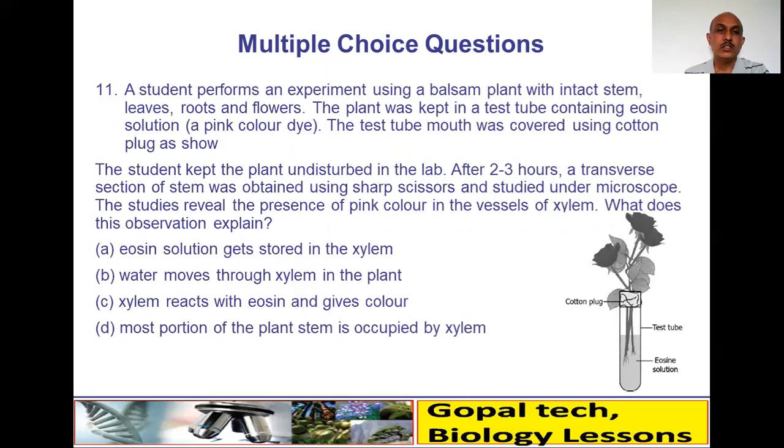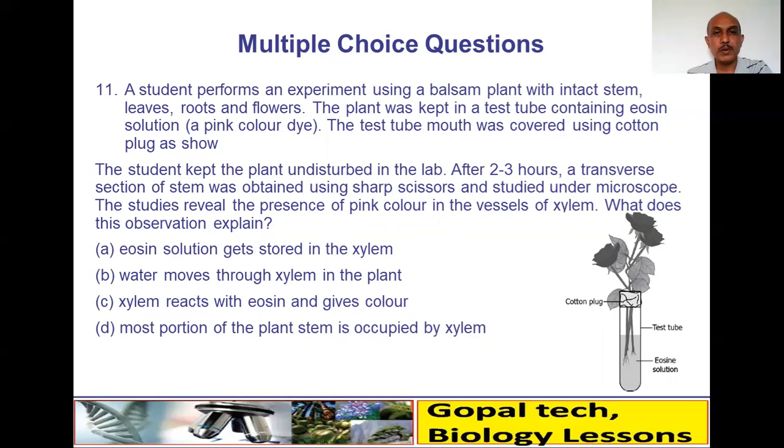11. A student performs an experiment using a blossom plant, that is Gauri plant, with intact stem, leaves, roots, and flowers. The plant was kept in a test tube containing eosin solution, that is a pink dye. The test tube mouth was covered using a cotton plug as shown in the diagram, so that there would not be any evaporation.